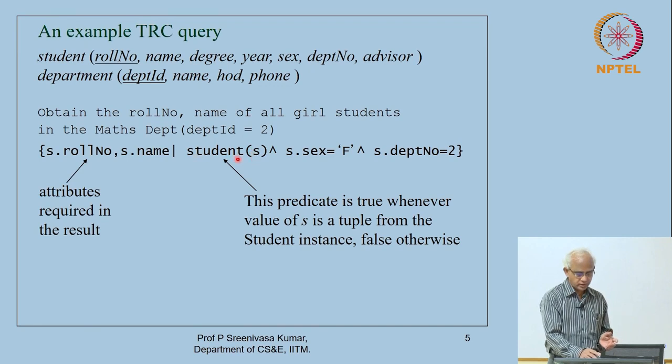So, it is true for that, and then in addition the tuple has to satisfy these two other conditions. If it satisfies them, then make use of that current assignment for the tuple variable and pick up these values called roll number and name. This is how the query will be interpreted. Is that clear?